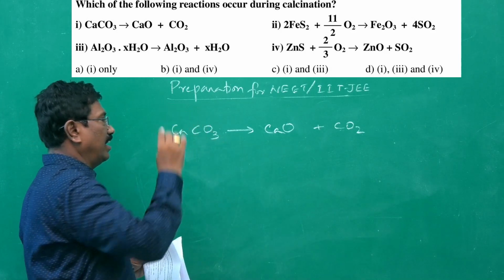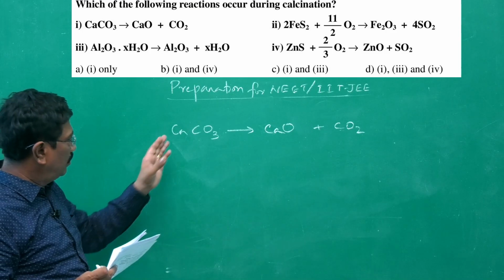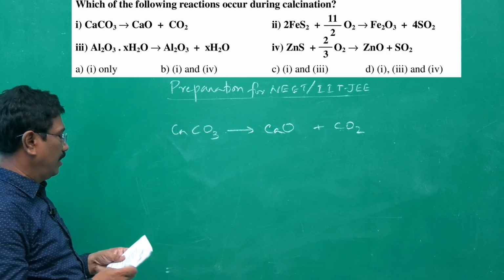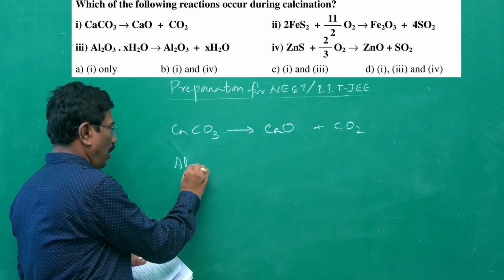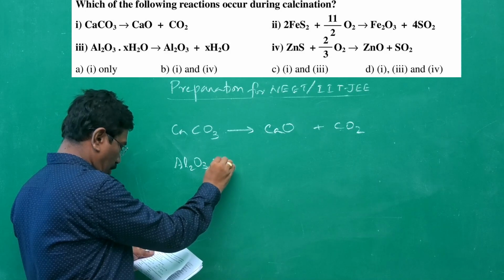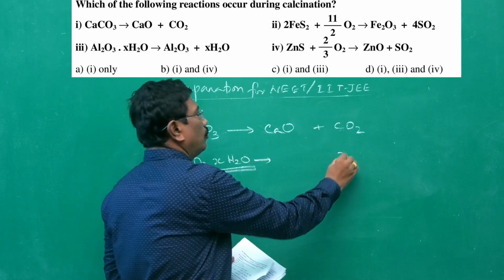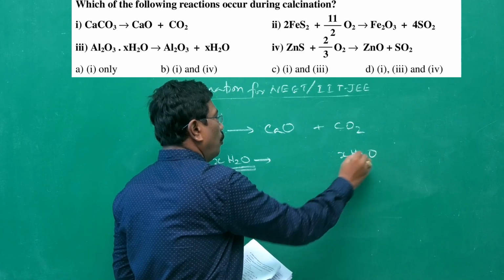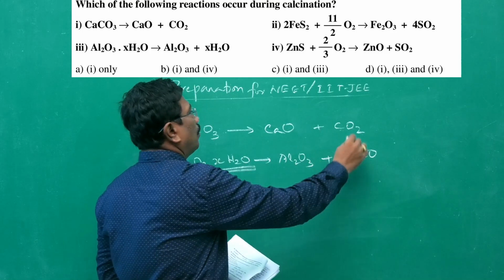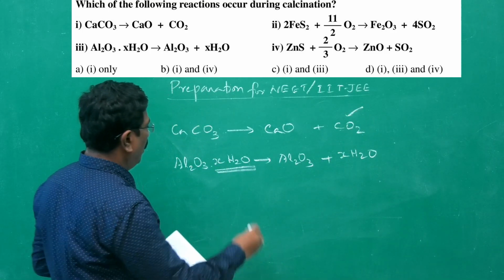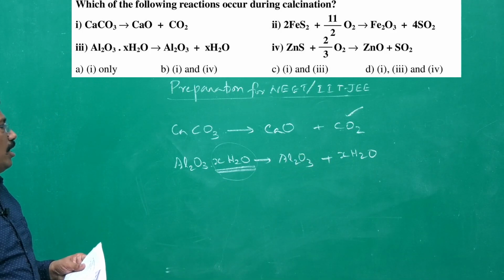This is calcination, since we started with the limestone ore. It is also used for hydrated ore, like Al2O3·xH2O, bauxite maybe. When heated, water of hydration will be given out. So in calcination, only these two things usually happen: decomposition of carbonate ore into carbon dioxide, and removal of hydrated or crystalline water molecules.